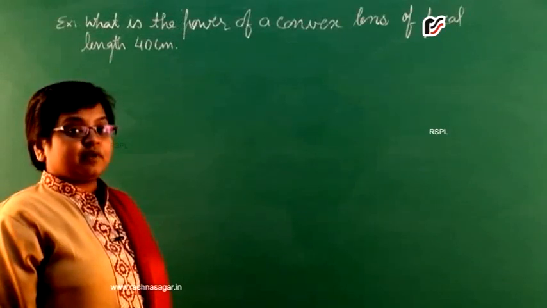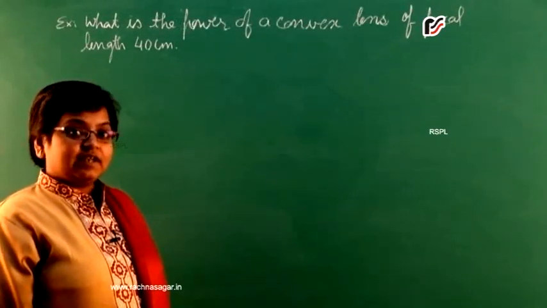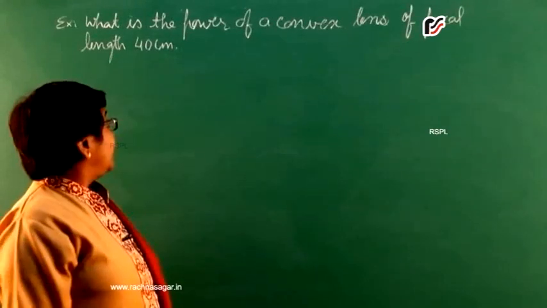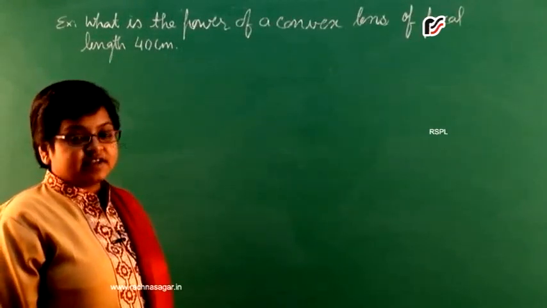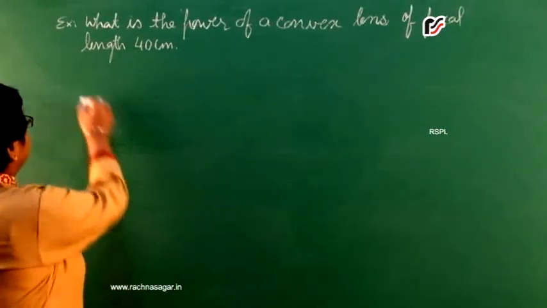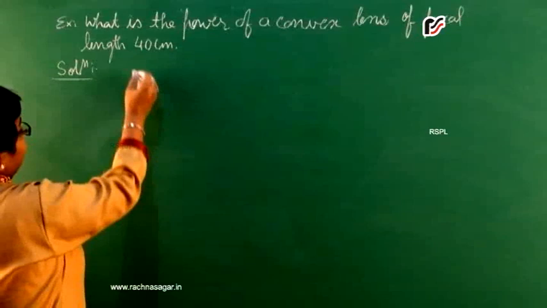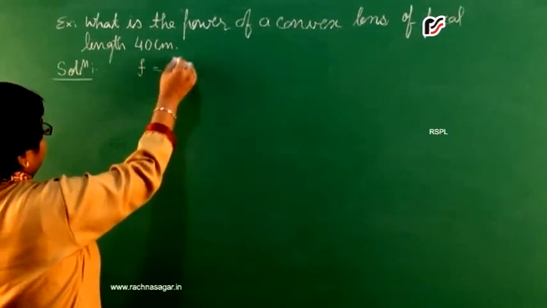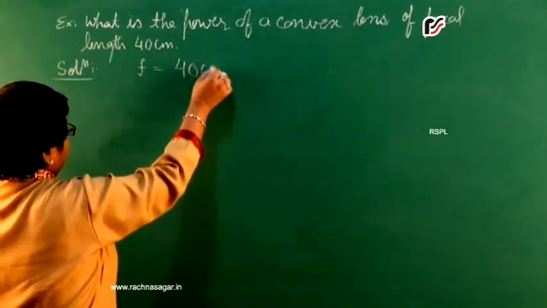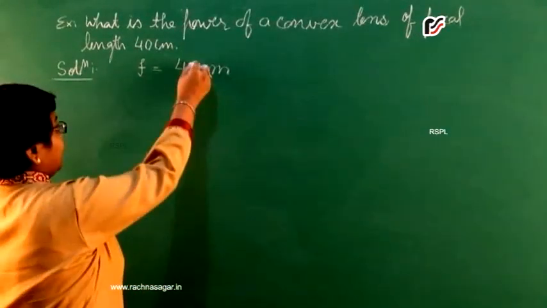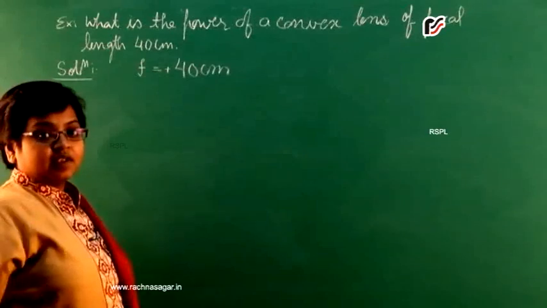Now we take an example of the power of a lens. What is the power of a convex lens of focal length 40 centimeter? Here the lens is convex in nature, so the focal length is positive.